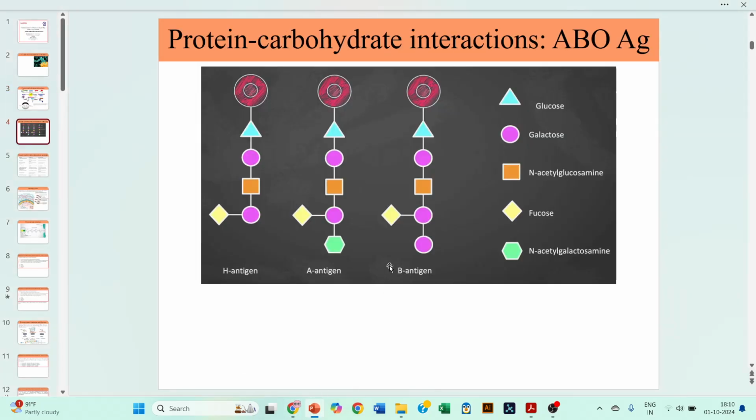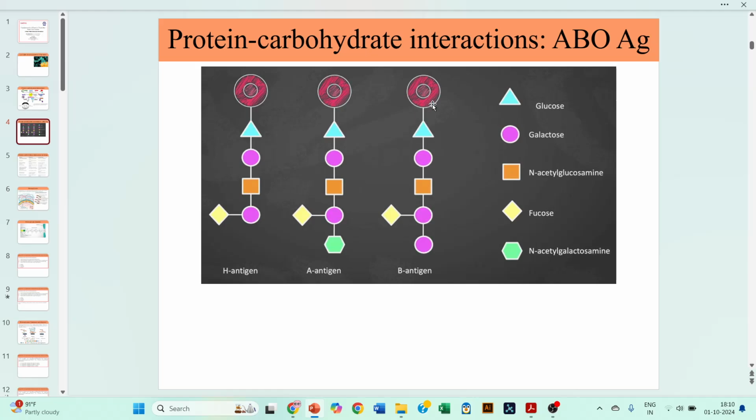This is the one about the ABO blood group, and this antigen is attached to RBC. This round thing that you see here is actually an RBC, and to the RBC glucose is attached in all three types of antigens. The blood that contains A antigen is A blood group.